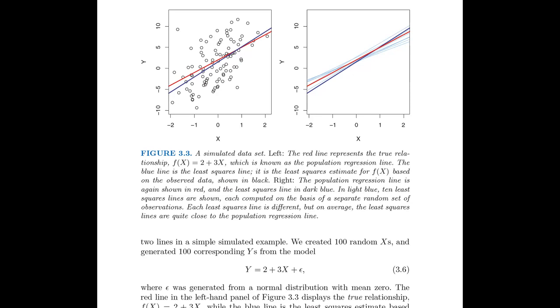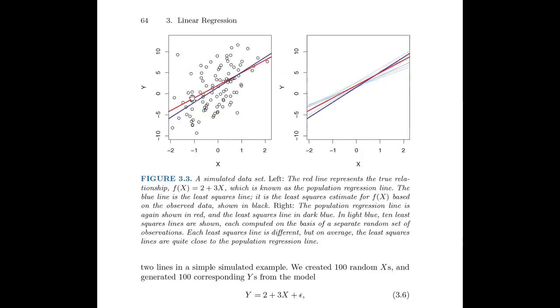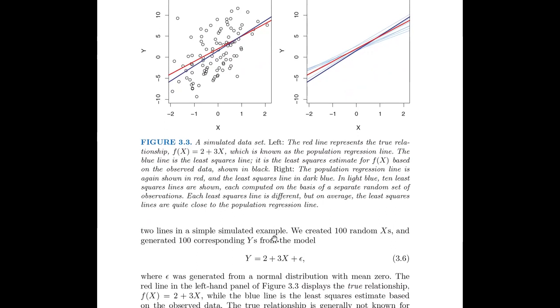Those two parameters give you the blue line. How did they generate these black data points? From the model, y equals, notice no hats, we're omnipotent, 2 plus 3x plus epsilon.